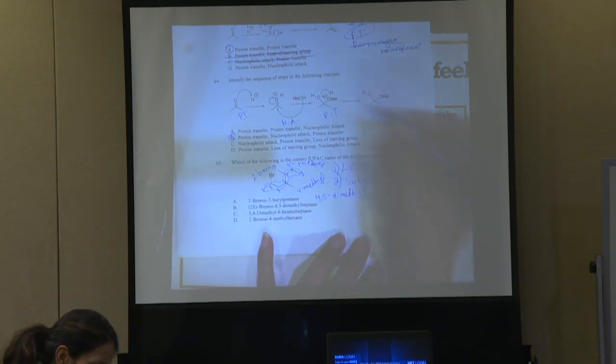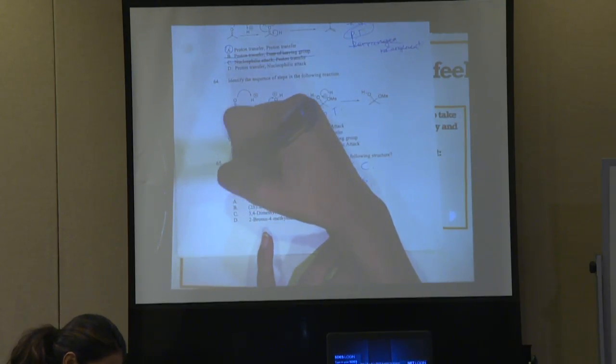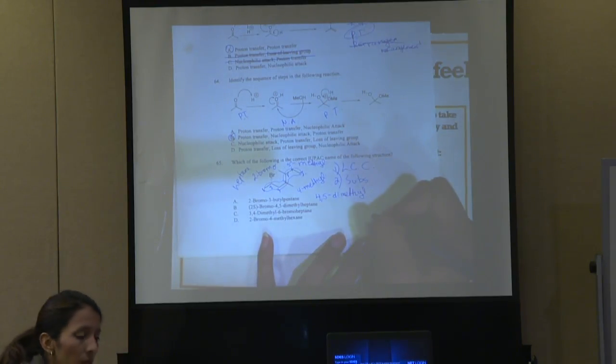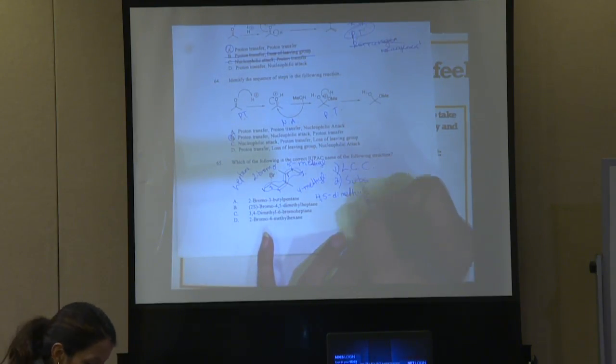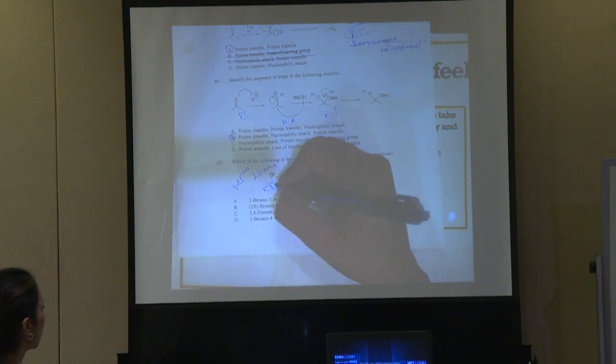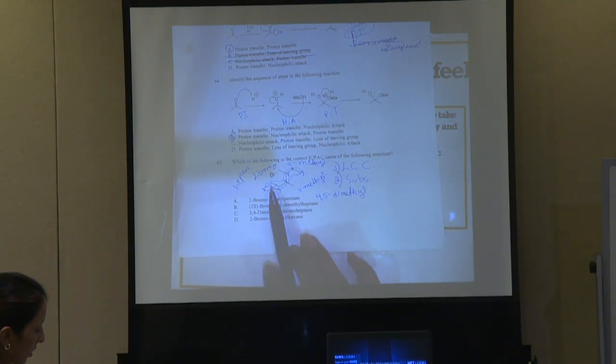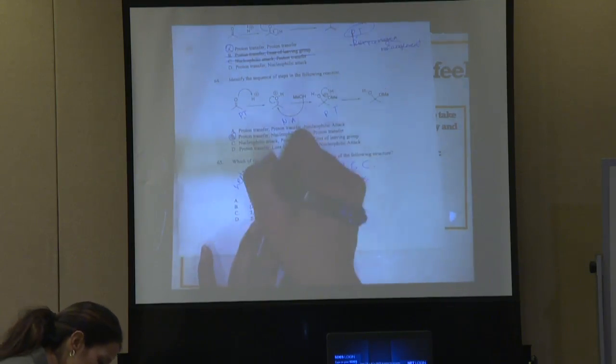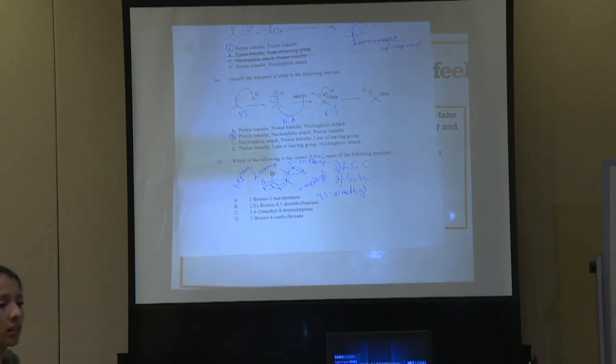All right, and we said it's a heptane. So what are we going to name this? Awesome. Okay, good job. So we also have chirality. What is the configuration of this chiral center? S? Everybody see it? Or does anybody need me to go over it?